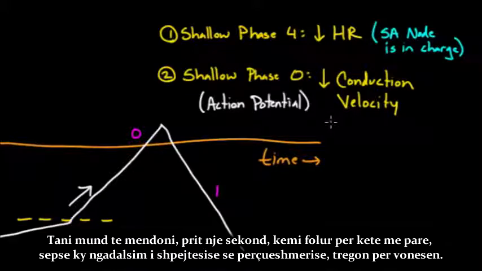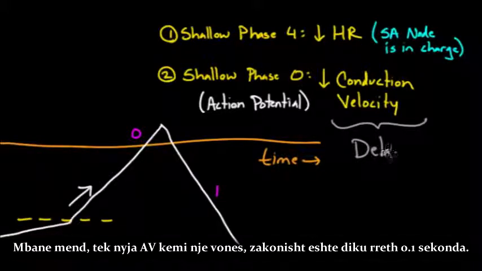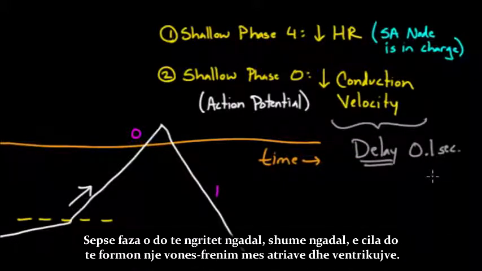Now you might be thinking, wait a second, we've talked about this before, because this decreased conduction velocity is the explanation, we think, for the delay. Remember, in the AV node you have a delay, usually about 0.1 seconds. And this is the reason why: this phase 0 is going up so slowly that it creates a delay between the atria and the ventricles.